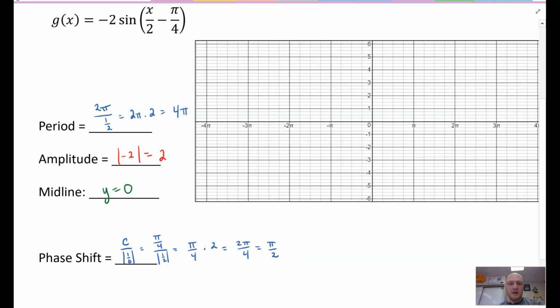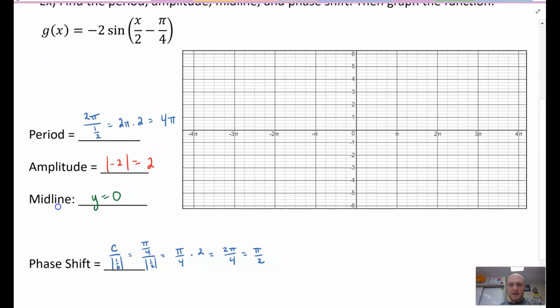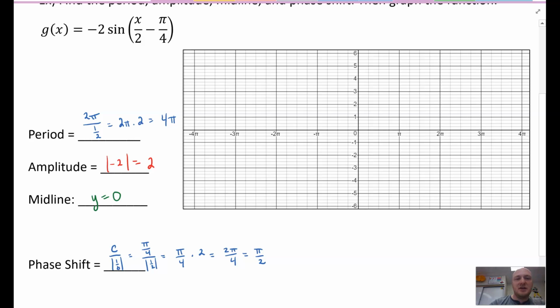We're going to go ahead and graph this. Now, before that, I want you to think about another way of doing this, because we've seen this kind of situation before.